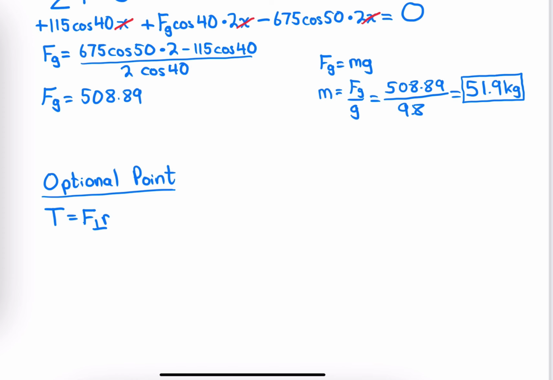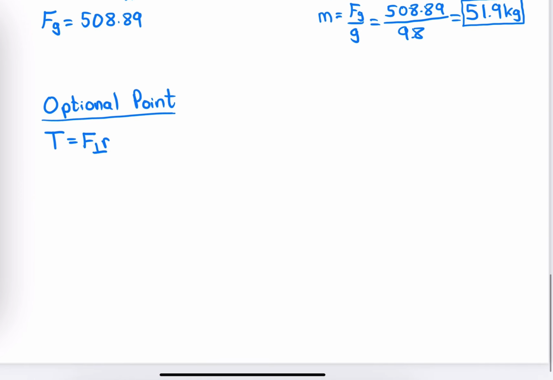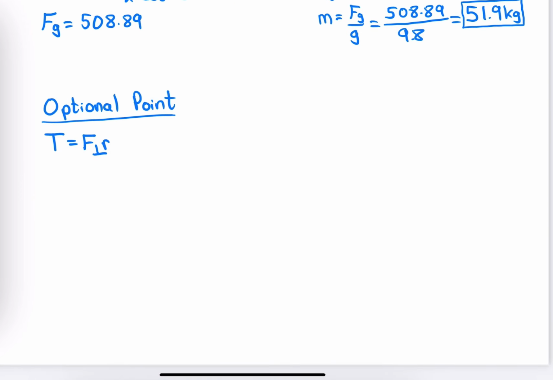Let me show you what that would look like in this example we were just looking at. And let's just take this very first force here, the 115 newtons at a distance of x from the hinge. Let's redraw that and show what this diagram might look like if we split the distance into components instead of the force. So here's my 115 newtons.